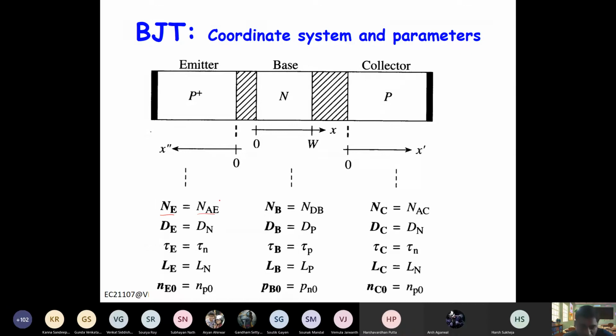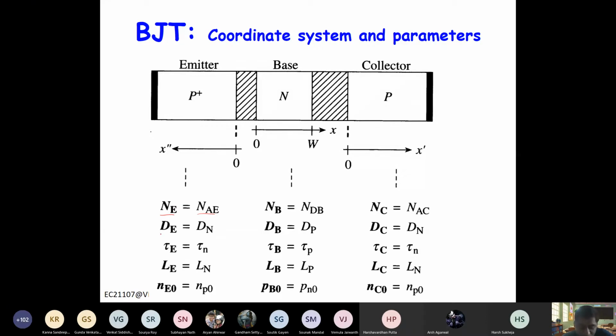We will not use a bigger notation, we will use a smaller notation. So we know that the emitter is P type, so it is acceptor type. So Ne is acceptor doping in the emitter. Similarly, Nb is donor doping in the base, and Nc is acceptor doping in the collector.